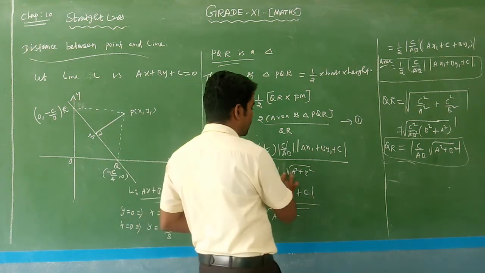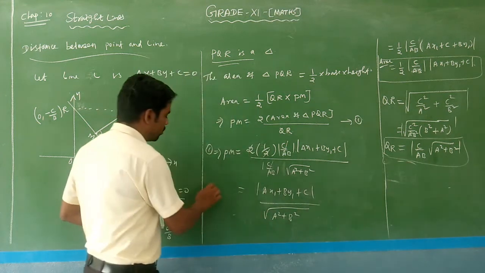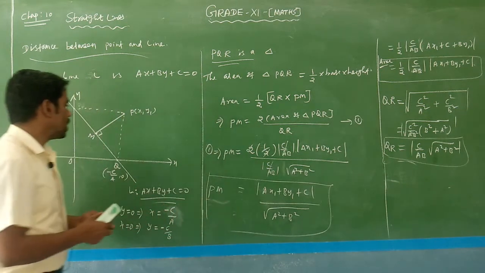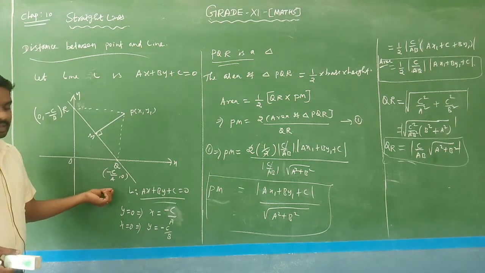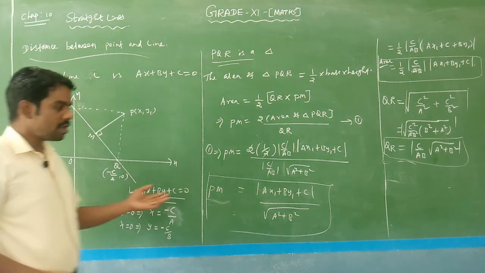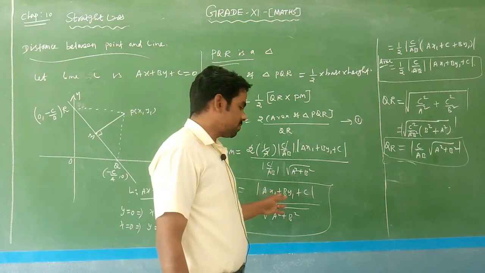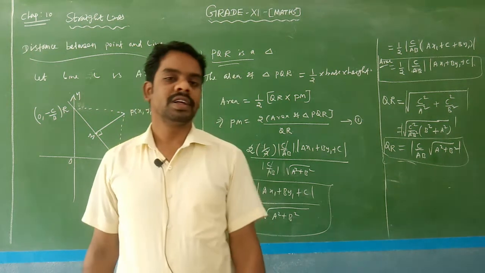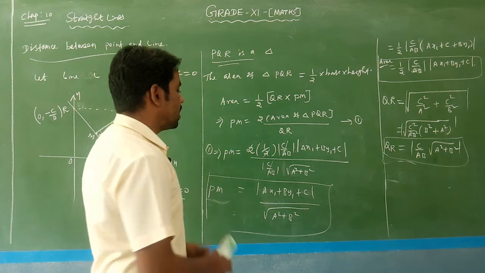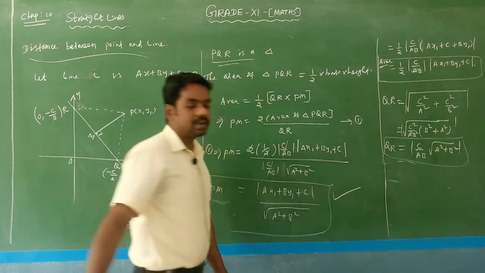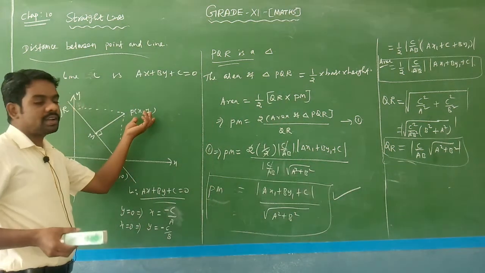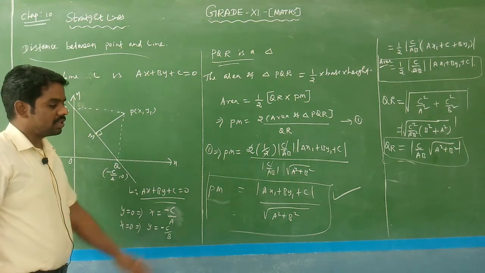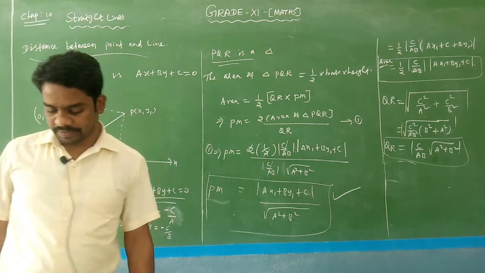Therefore the perpendicular distance between the point (x1, y1) and the line ax plus by plus c equal to 0 is modulus of ax1 plus by1 plus c divided by root of a square plus b square. Very important formula. Okay. The perpendicular distance between the point (x1, y1) and the line ax plus by plus c equal to 0 is this formula. Okay, right.